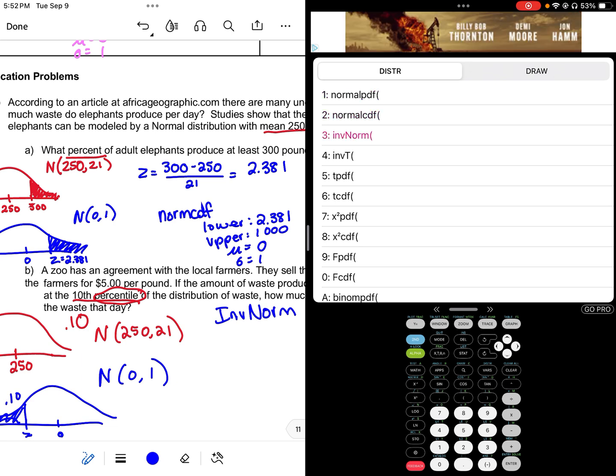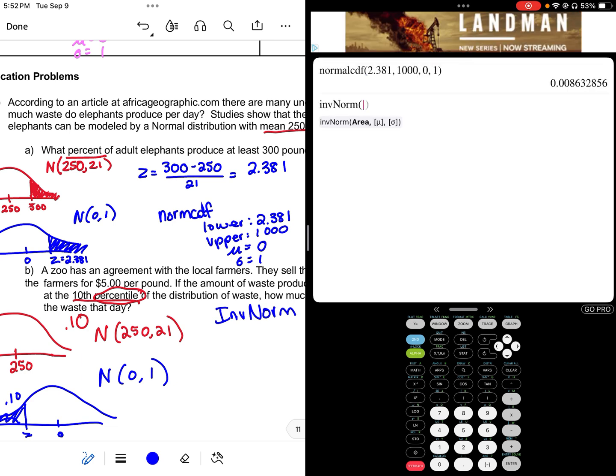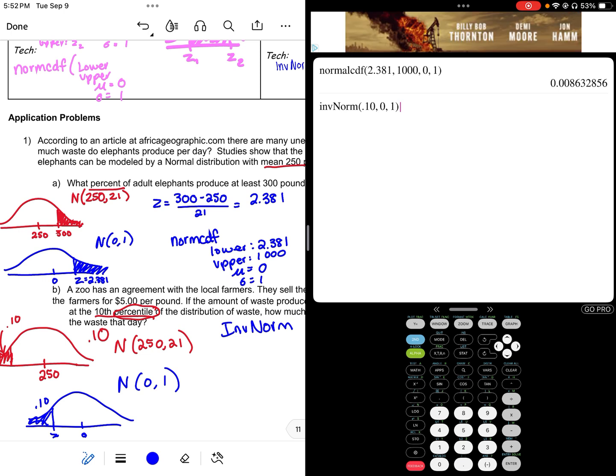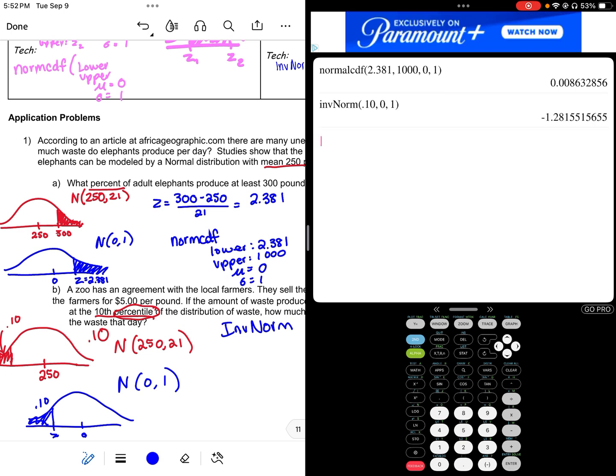number 3. So it requires me to put it in like this. So 0.10, 0, and 1. And the thing with my calculator on here is it's going to do area to the left, which works out fine for this problem. But if we had shaded area to the right, we'd have to subtract it from 1.